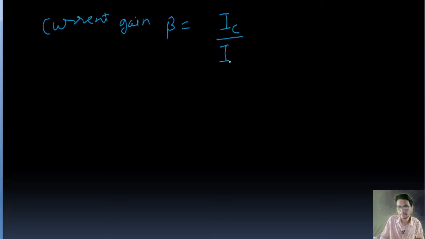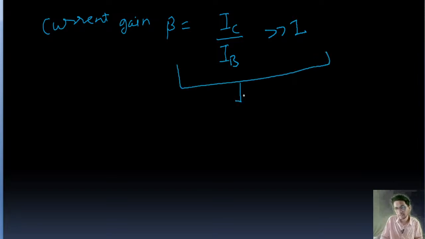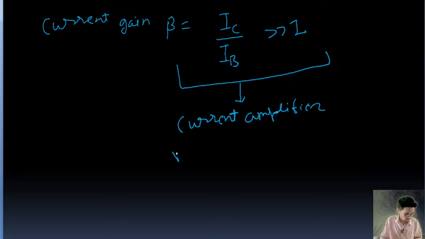IC upon IB, where IB is very small, which is greater than 1. So this implies this is a current amplifier. It amplifies the current, and this is also a voltage amplifier.